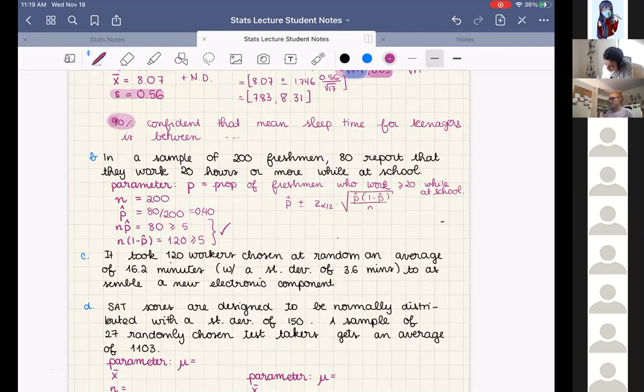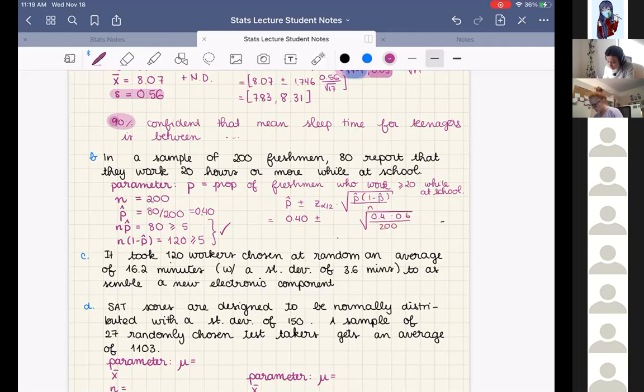Okay, and from here we get that this is equal to 0.40 plus or minus the square root of 0.40 times 0.60 divided by 200.